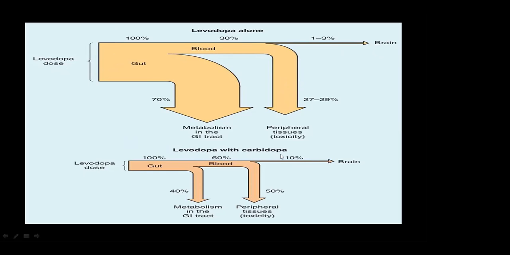For the levodopa that is given with carbidopa, as you can see in here, there is a lesser dose that is given. And again, the absorption especially occurs in the small intestine, and only 40% of the metabolite is secreted in the GI tract, and 60% compared to the 30% that is used if it is only used with levodopa alone. Right?